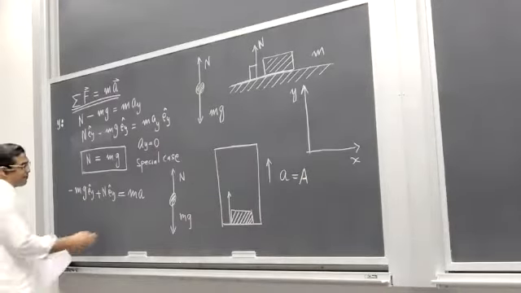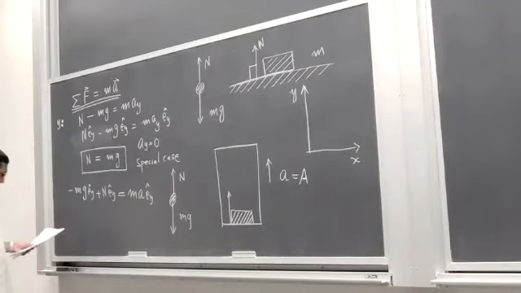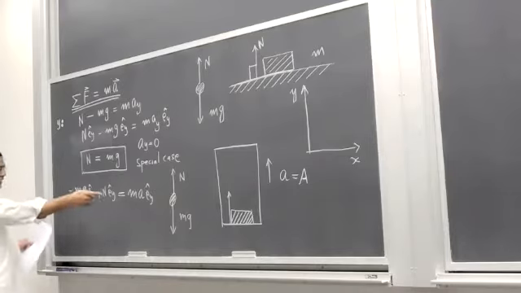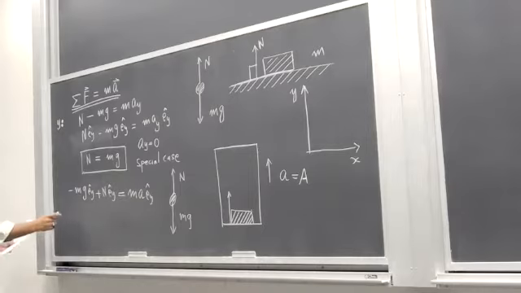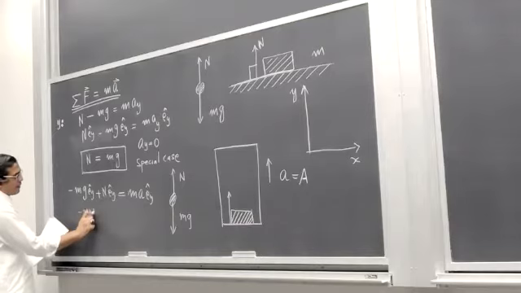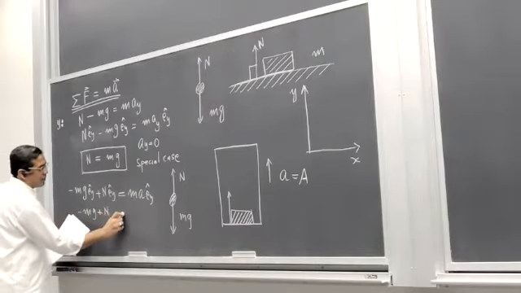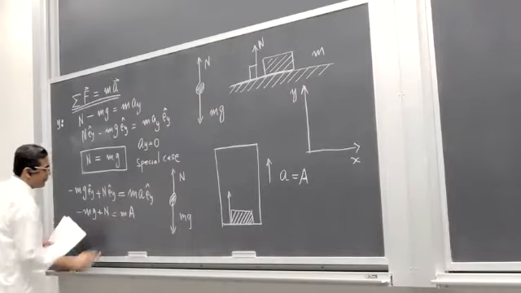Okay. Since all the forces are in the y direction, I can just simply drop the unit vectors and work with scalars. And that's also perfectly fine. So this is mg plus N equals ma.